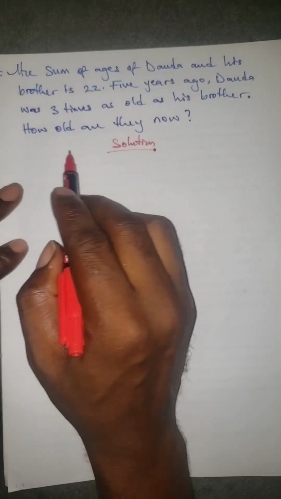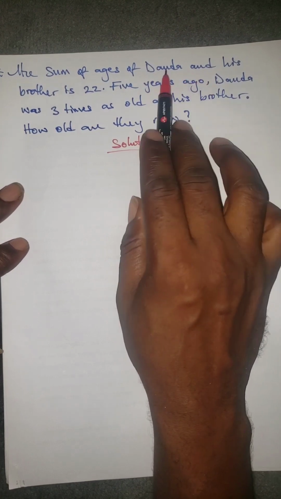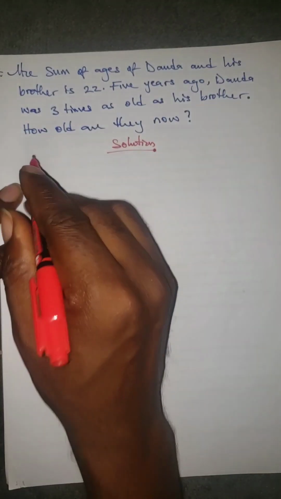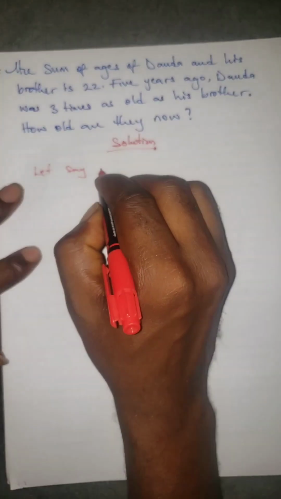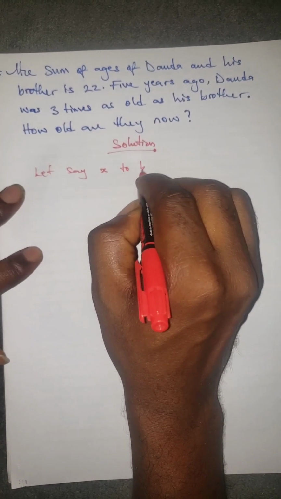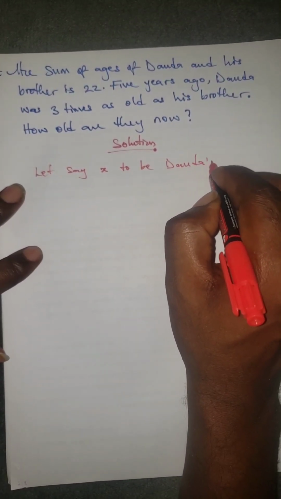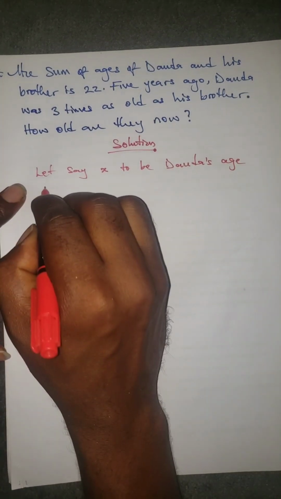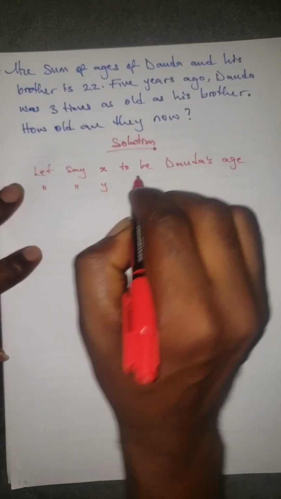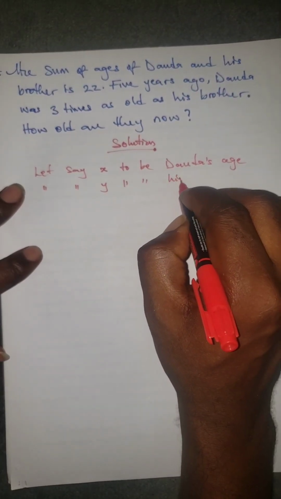Okay, so we first of all assign ages for Dauda and his brother. Let's say x to be Dauda's age, and let's say y to be his brother's age.